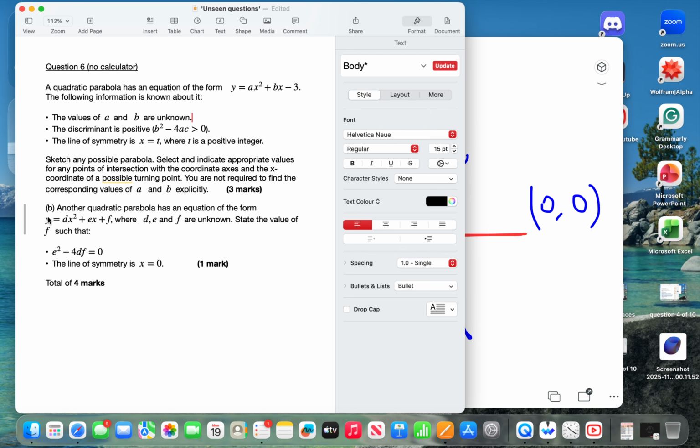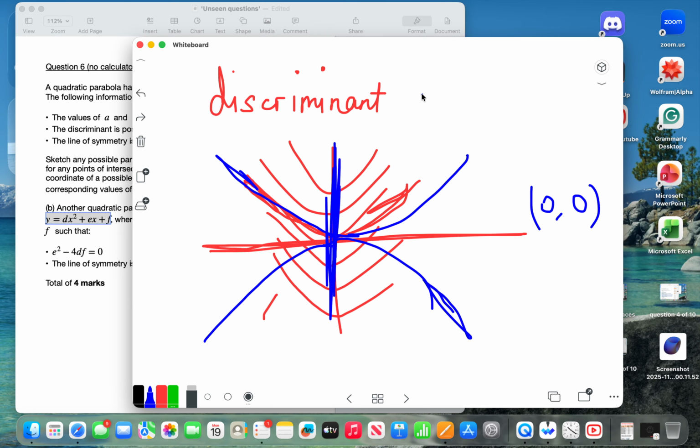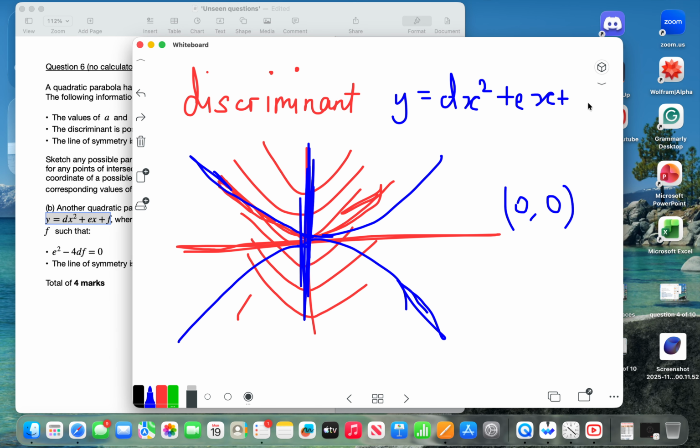If you plug 0 in terms of x and 0 for y in this equation, we have dx squared plus ex plus f.